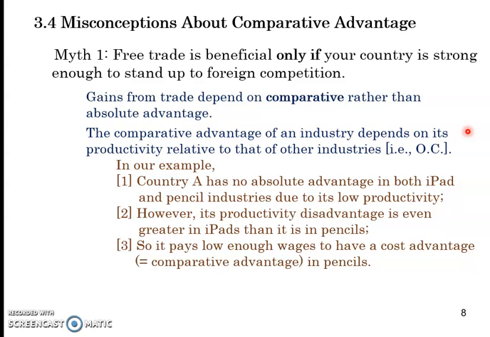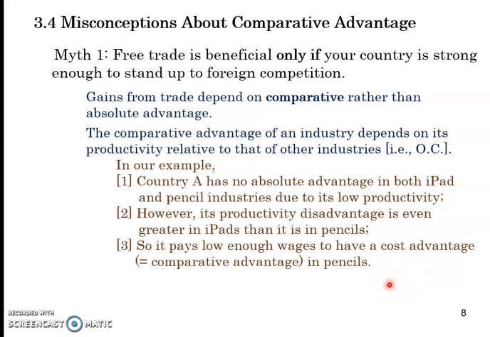Now, the third point that we're making here says that if you don't have the absolute advantage, how are you going to compete with other countries on the global market? Now, this is a technical way to do that. They would pay low enough wages.